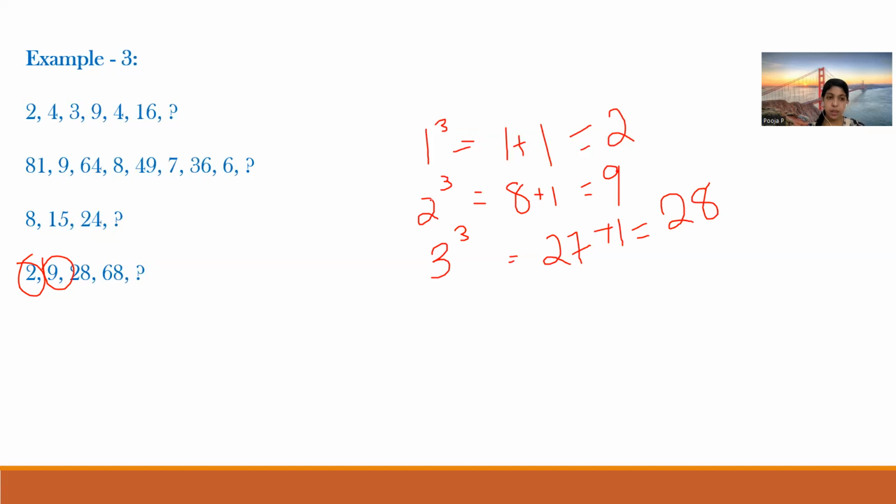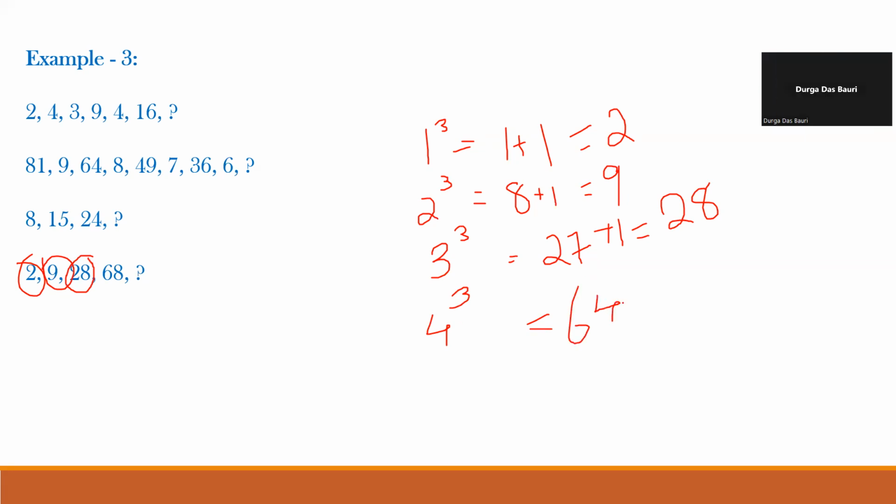And the next number. 4 cube is 64, so 64 plus 1.